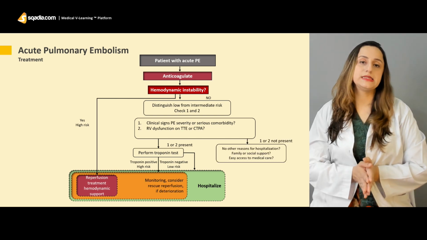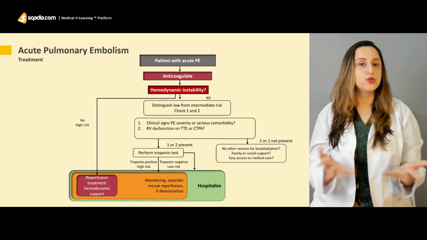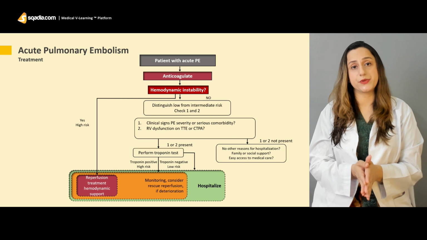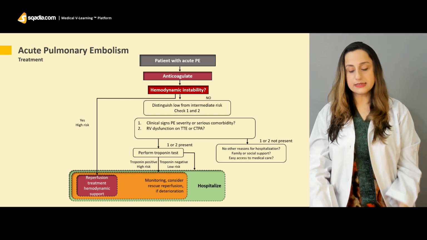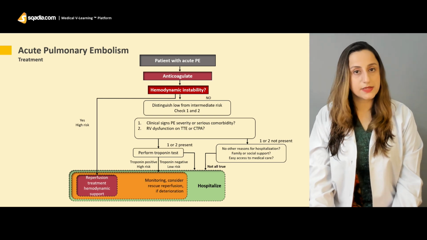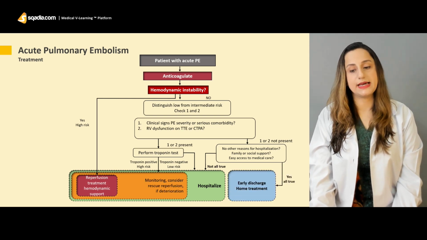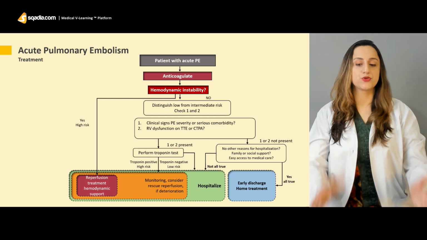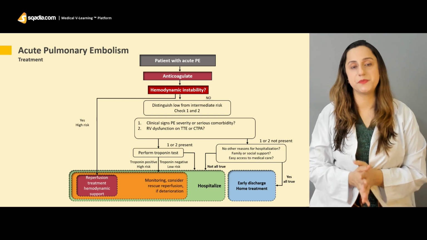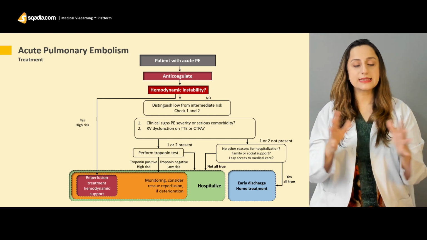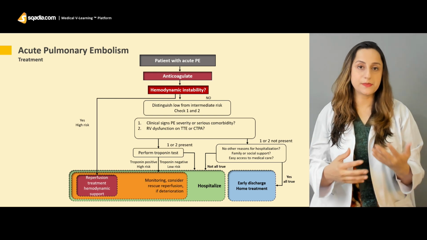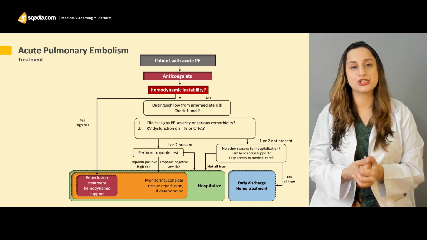If these comorbidities are not present and there is no other reason for hospitalization, family or social support is not present in the hospital, and if there is easy access to medical care, even then sometimes you can go for hospitalization, and sometimes you can resort to early discharge and consider home treatment for these patients.